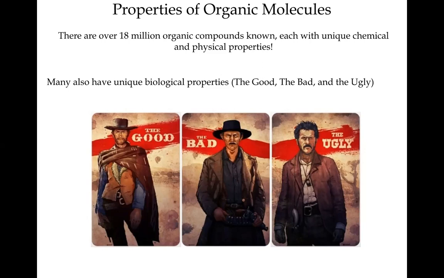Some of these can be very nasty and have very bad consequences to us biologically. Some of these are what make us tick, so the spectrum is broad. Organic molecules fall under a wide breadth of being beneficial, to being harmless, to being slightly bad, to being full-on deleterious.